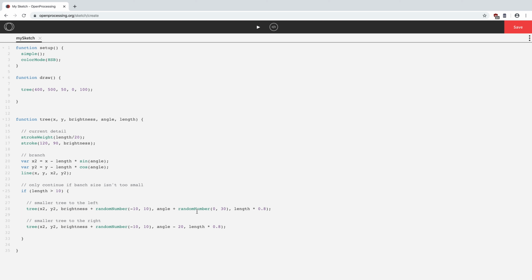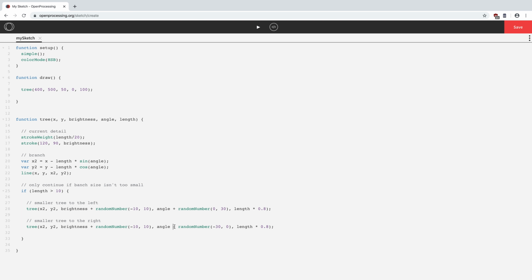So it could be angle plus 0 or angle plus 30 or angle plus 20, but it won't be angle minus 5, which means it'll generally go towards the left. And the same idea here, but the numbers will be different. So random number minus 30 to 0.